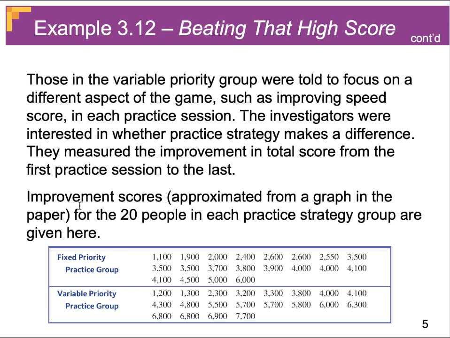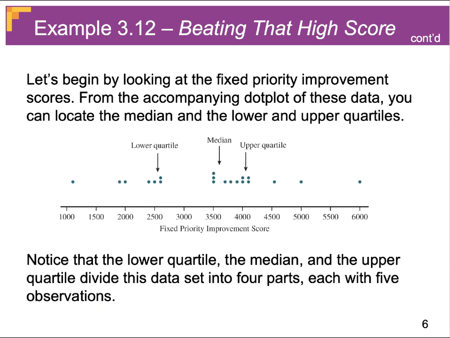So we have all of the values for the fixed priority group and the variable priority group. If we created a dot plot for the fixed priority group, we would see this dot plot with a median around 3,600, an upper quartile around 4,000, and a lower quartile a little above 2,500.